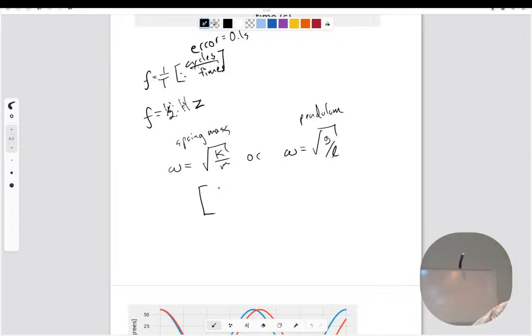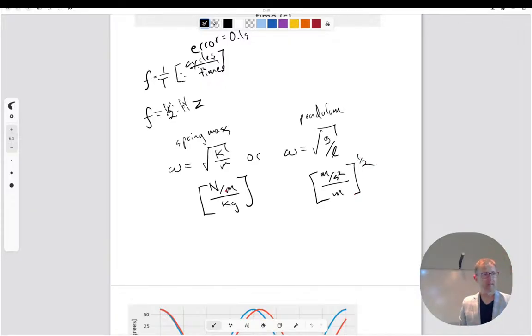Here it is a Newton per meter over kilogram. That one's a little weird. Or we could look over here. This is a meter per second squared divided by meters, all to the 1/2. That's a little easier.